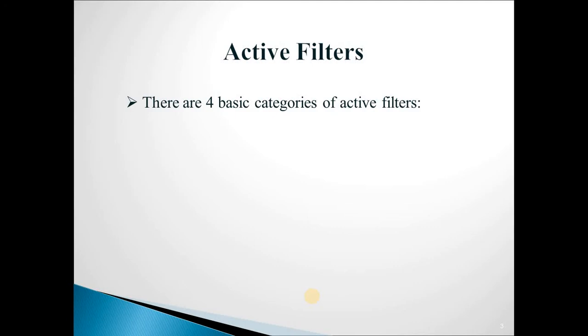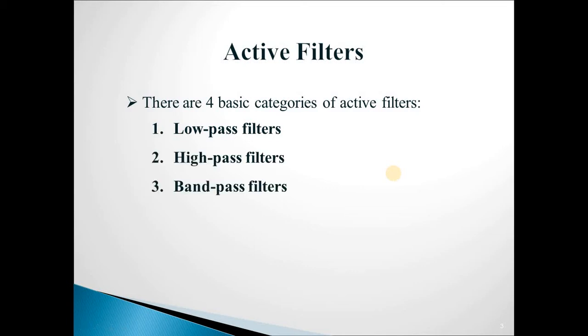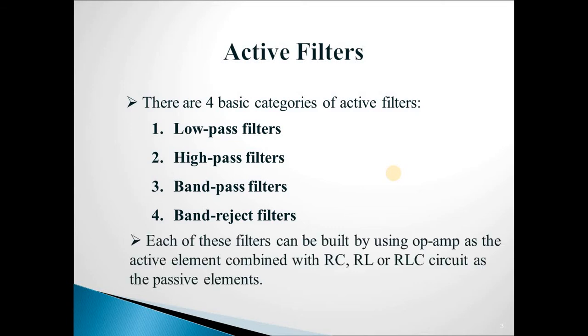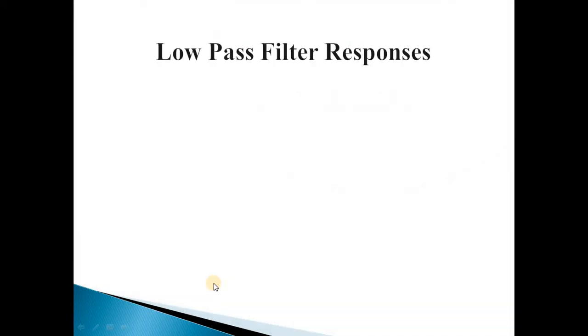Active filters are of four types: low pass filter, high pass filter, band pass filter, band reject filter. Each of these filters can be built by using an op-amp as the active element combined with RC, RL or RLC circuit as the passive elements.